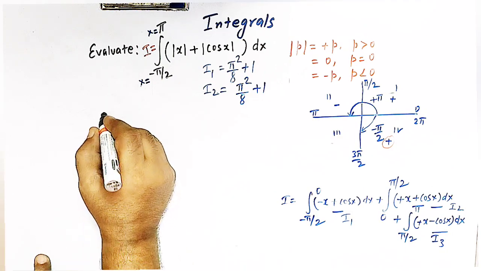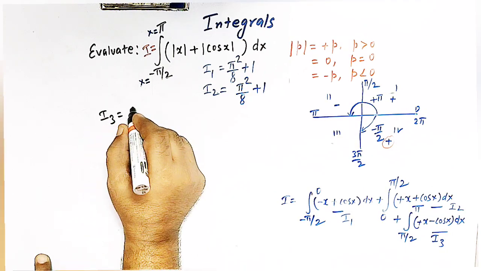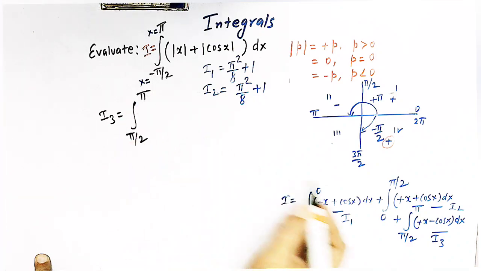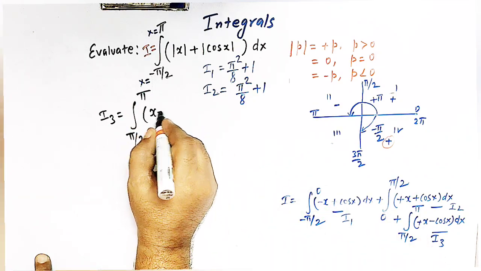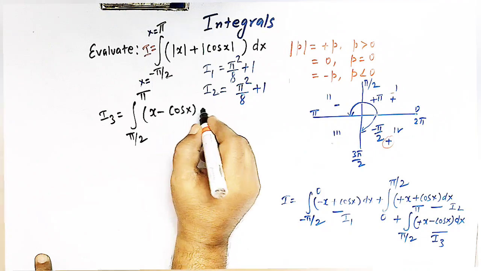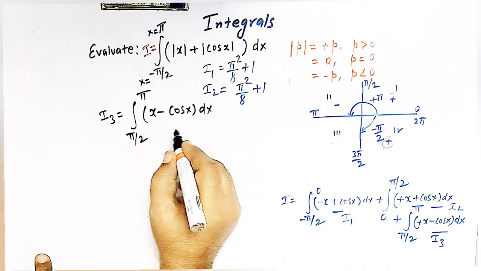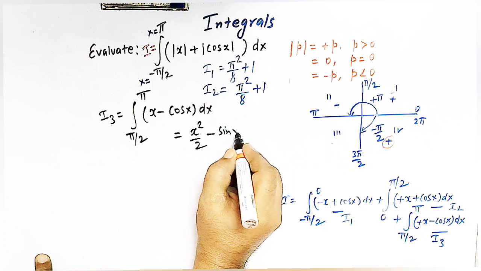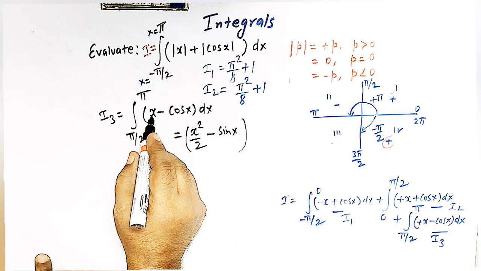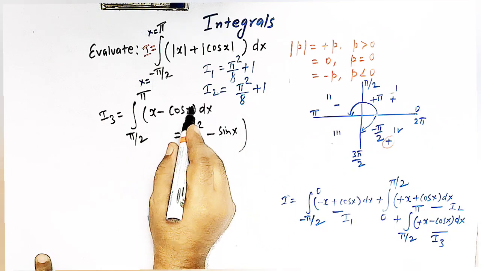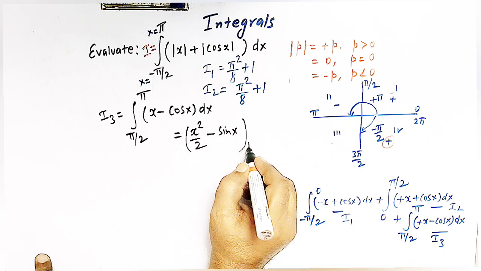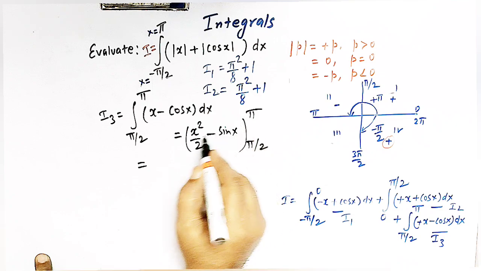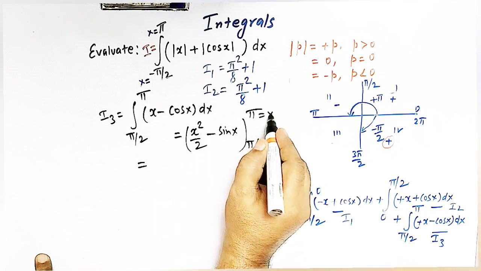Let us find the value of I3. I3 is from pi by 2 to pi, and here we have x minus cos of x dx. So again here we have x square over 2, and here we have sine x. The integral of x is x square over 2. The integral of cosine x is sine x. Limits are from pi by 2 to pi. So first we'll take x is equal to pi.